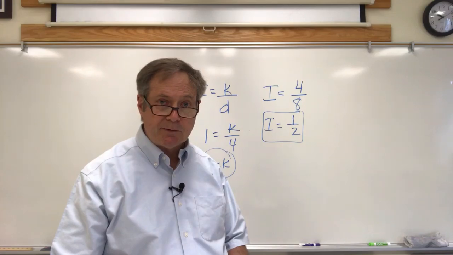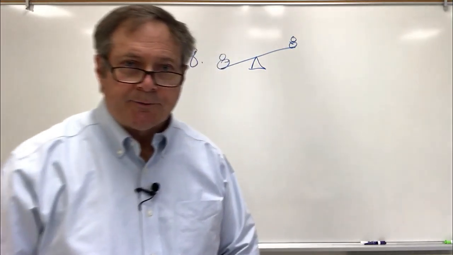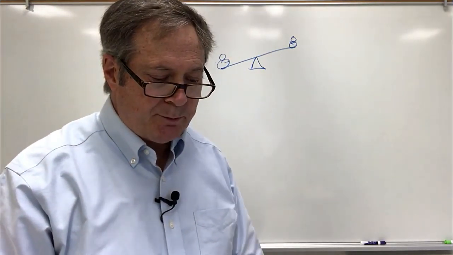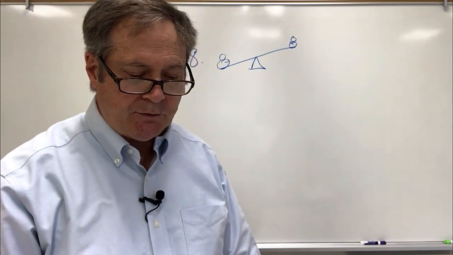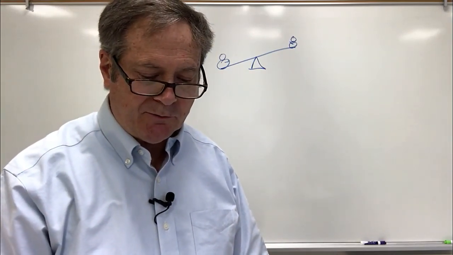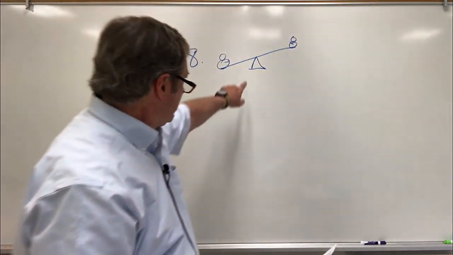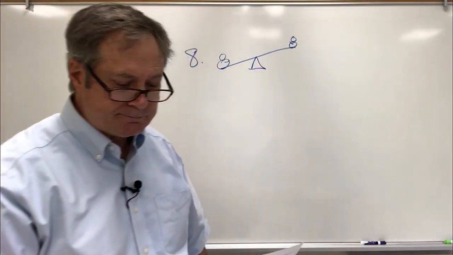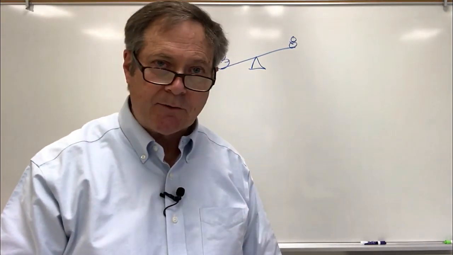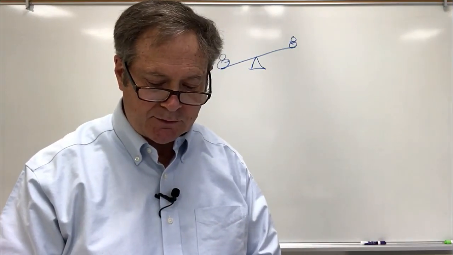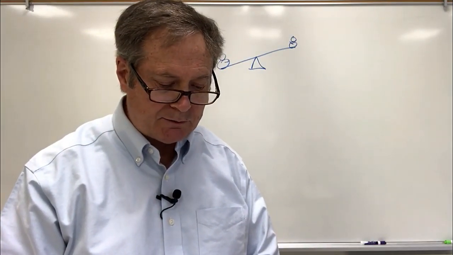And that's number 7. Okay, in number 8, to balance a seesaw, the distance D a person is from the fulcrum, that's the spot right here in the middle, is inversely proportional, key phrase, to his or her weight in pounds.